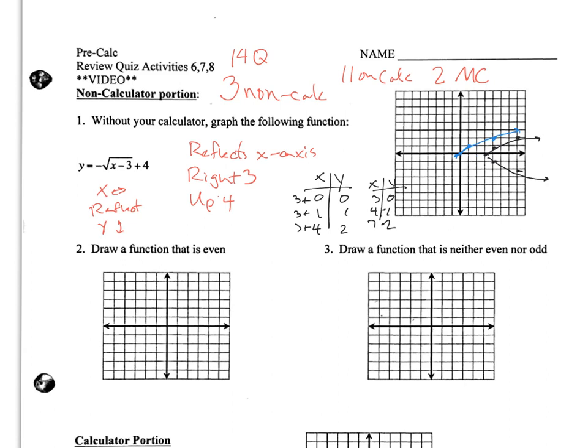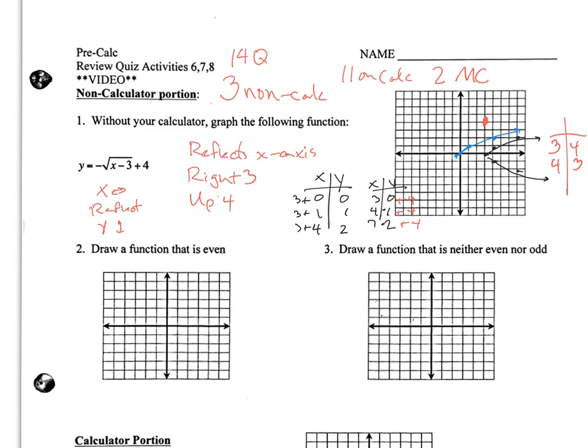And then we have to move each one of those points up 4. So that means on the y, we're going to be adding 4s. So this one moves up 4. So we are at the point. The final points: 3, 4, 4, 3.